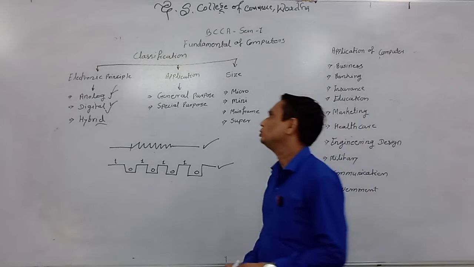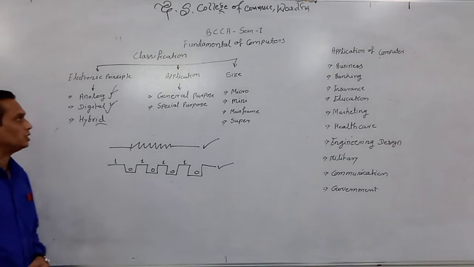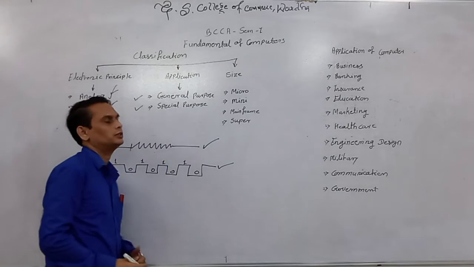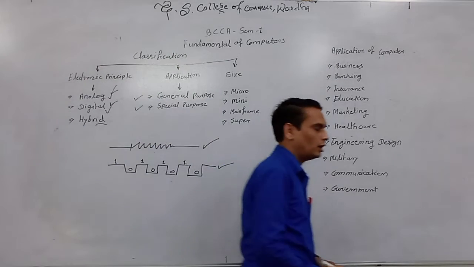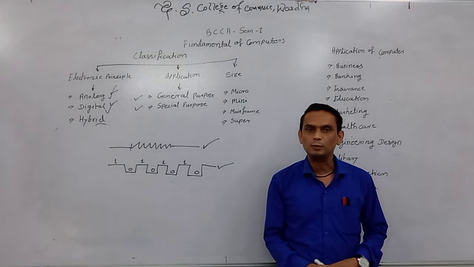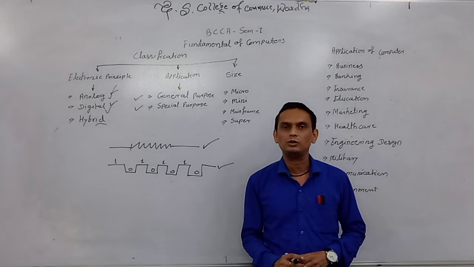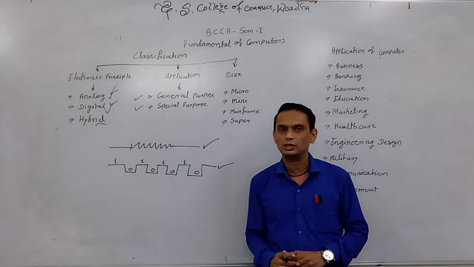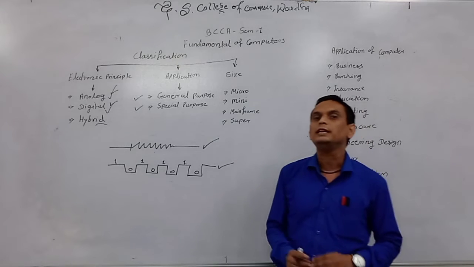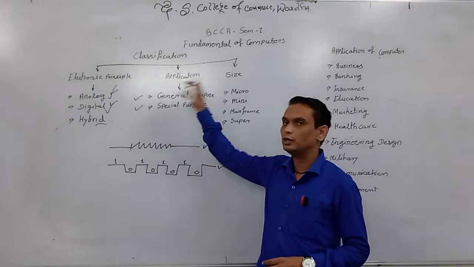Next, classification of computers according to the application. We have two types of application type computers: general purpose computer and specific or special purpose computer. A general purpose computer is a general or versatile computer. Any type of calculation, scientific calculation, or conversion can be done, or any type of software can be used on a single computer, and that type of computer is called a general purpose computer.